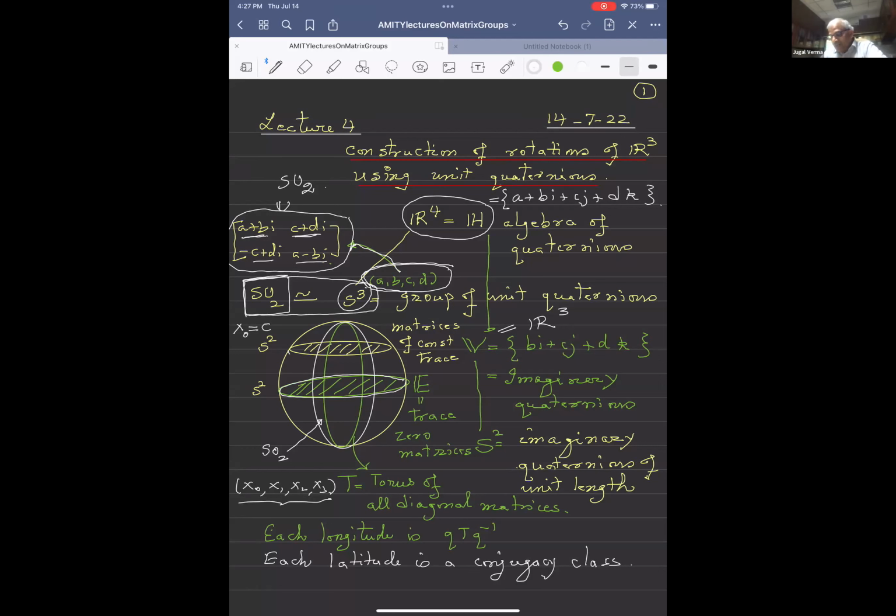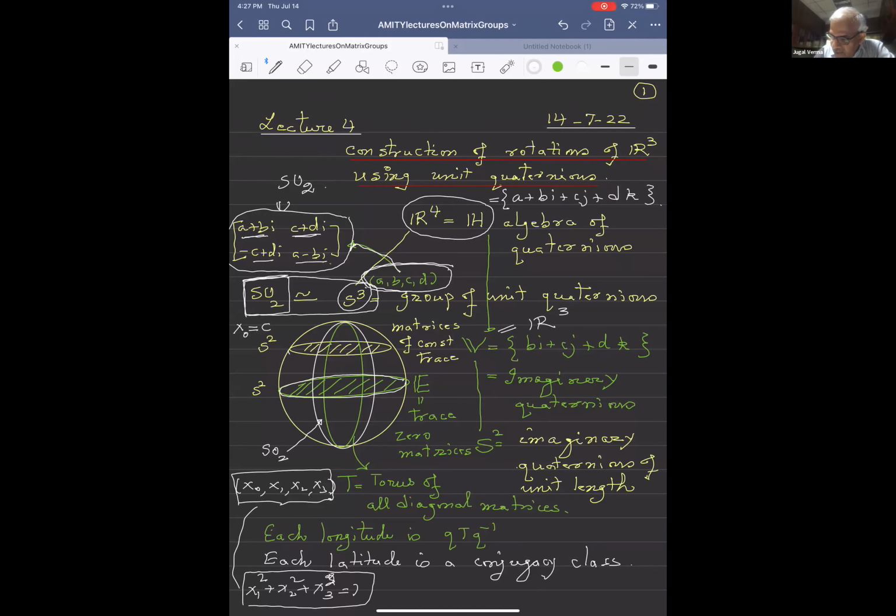On this three-dimensional sphere, the points are unit quaternions. So if x0 equal to 0, then the condition is x1 squared plus x2 squared plus x3 squared equal to 1. And that is the equation of a two-dimensional sphere in three-dimensional space. So the equator of the three-dimensional sphere is a two-dimensional sphere.